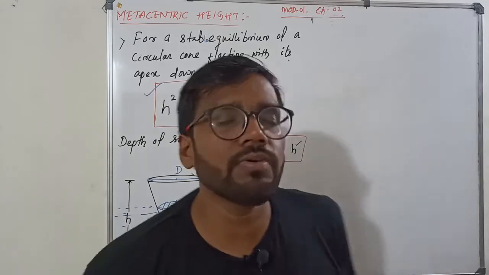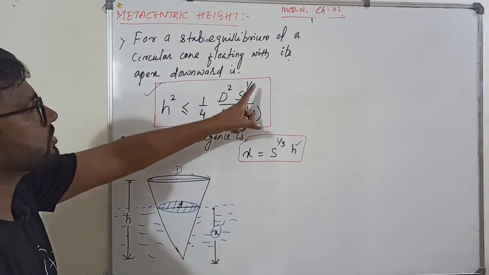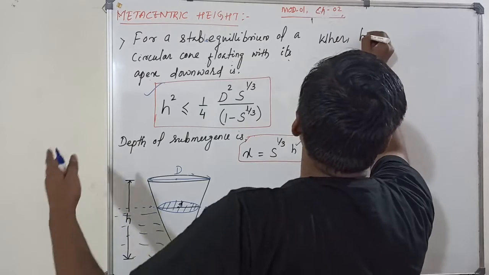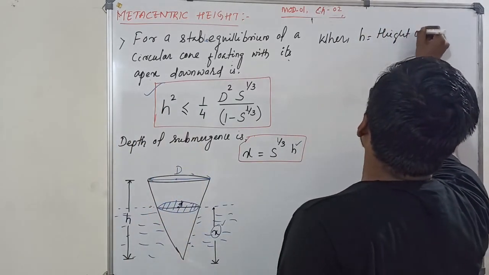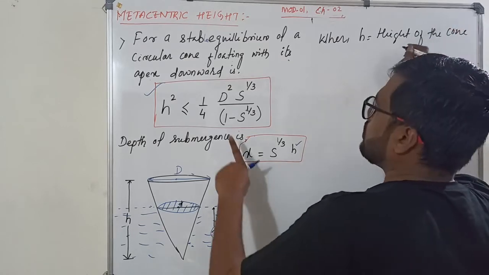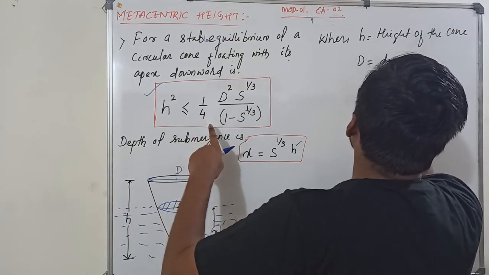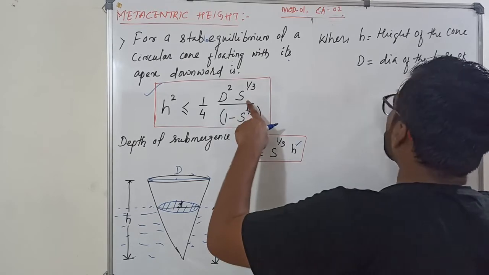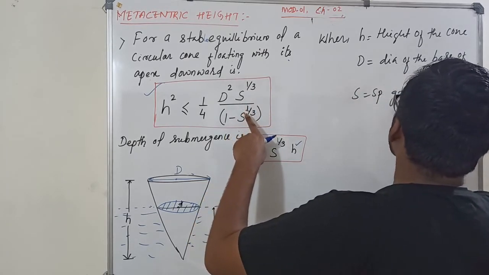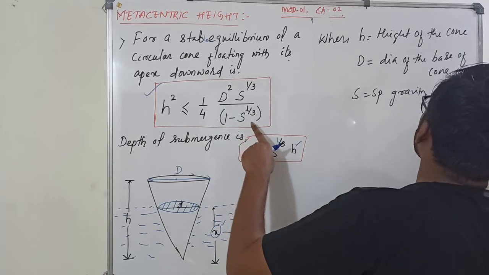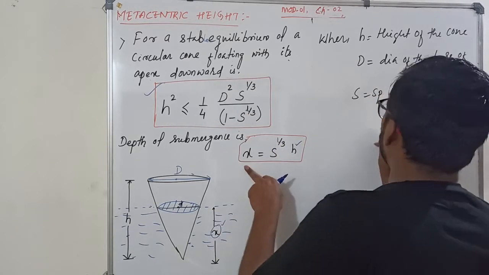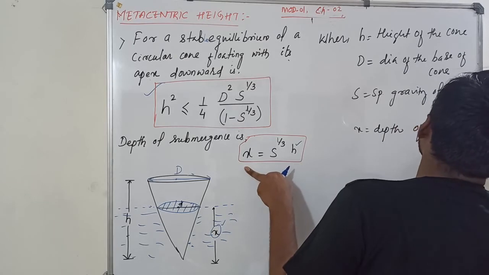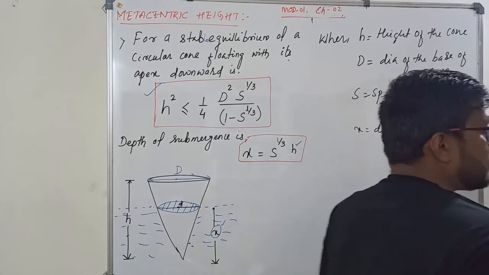The condition is h square should be less than or equal to 1/4 d square into s to the power 1 by 3 by 1 minus s to the power 1 by 3, where h is the height of the cone, total height. d is the diameter of the base of your cone. s is the specific gravity of the cone, not the liquid. And x is the depth of submergence.